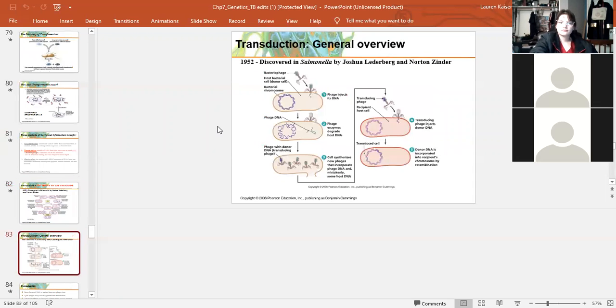So what essentially happens is a bacteriophage is a virus that infects bacteria. Only bacteria. What will happen is the bacteriophage will carry DNA with it and inject it like a hypodermic needle, literally, inject it into the cell.